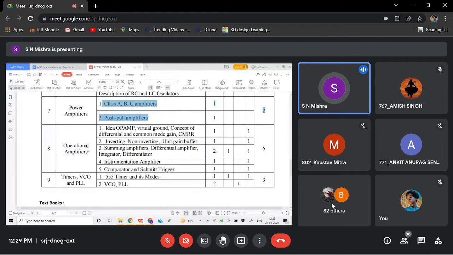Next is module 7, actually 7 and 8. Here we'll see different operational amplifier configurations.